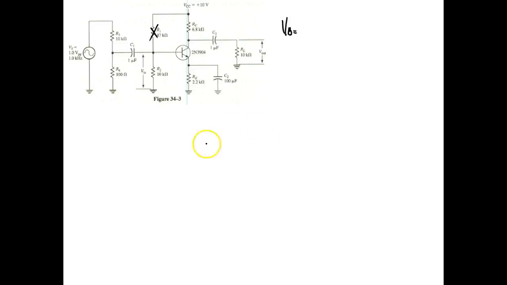VB would go to 0, good. So, of course, if I measure across R2, this is going to equal 10 volts because it's a series circuit, right? You understand that? VB would go to 0.